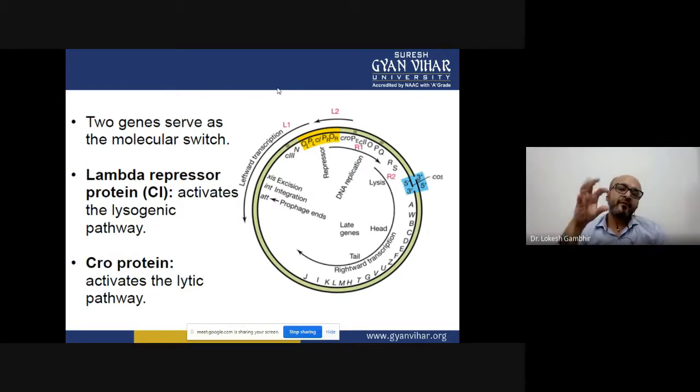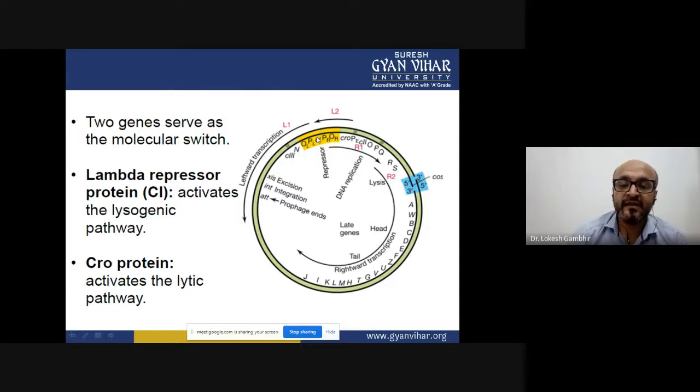When we talk about which protein gives lytic and which gives lysogeny, that regulation is called the molecular switch of lambda bacteriophage. See here, the yellow portion, we have a single gene, the C1 gene.